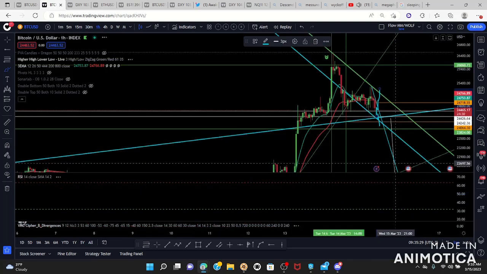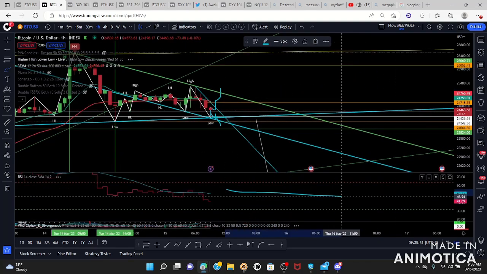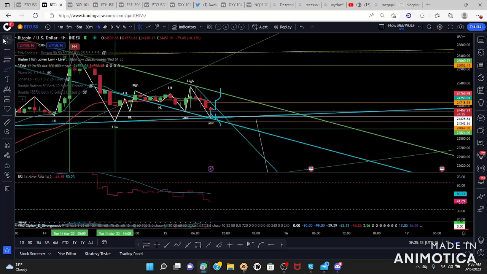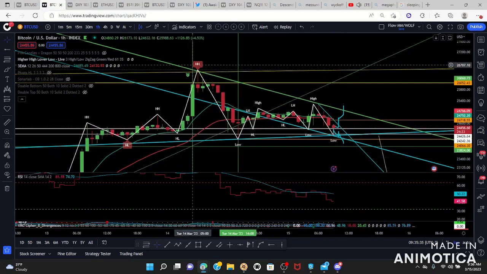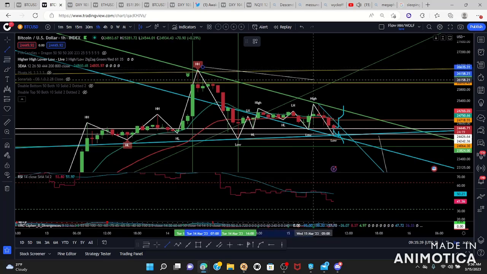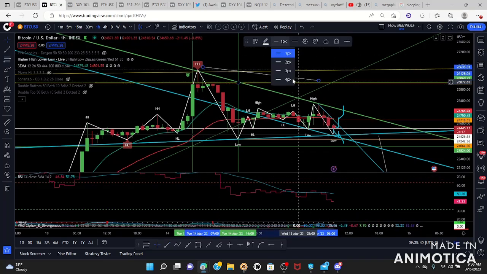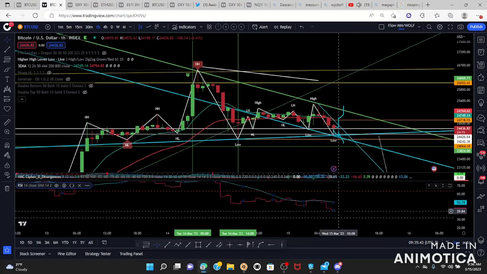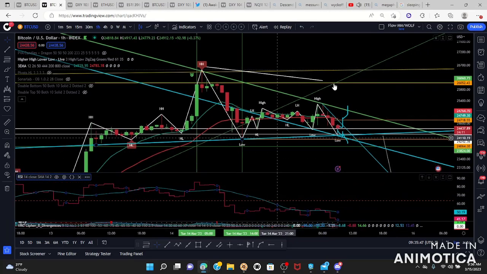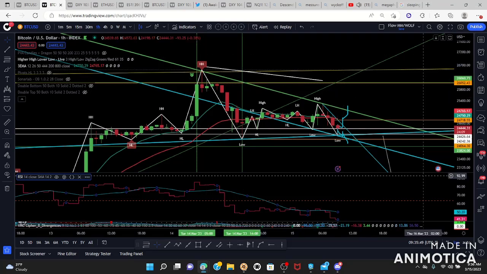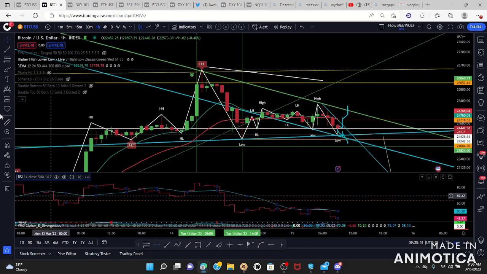So usually, imagine right here, we have this high. So we get a target at 26, right? Like somewhere here. That would give us bearish price action.